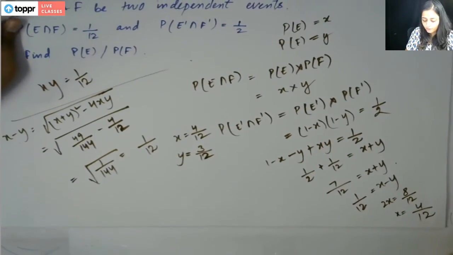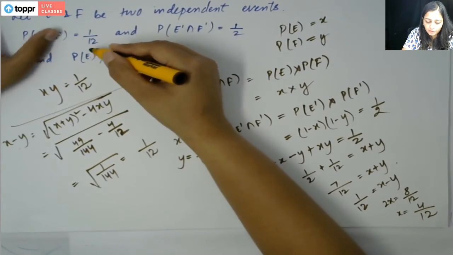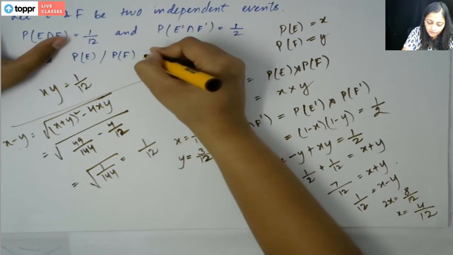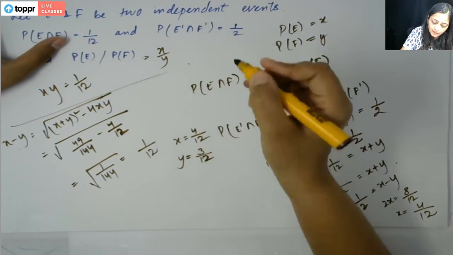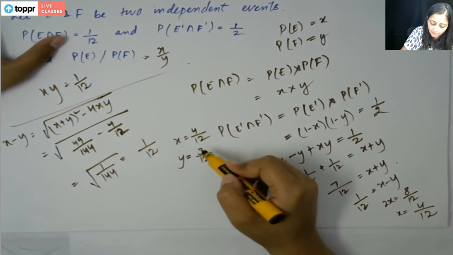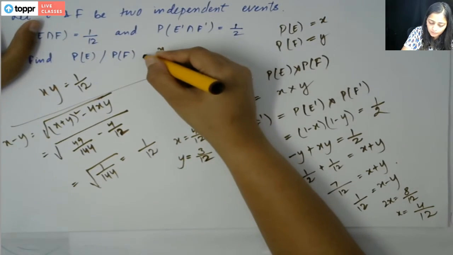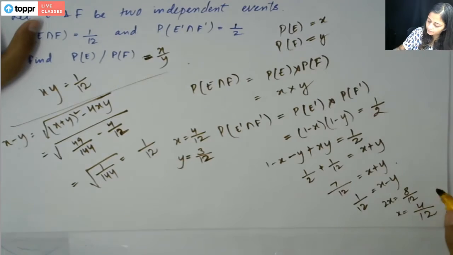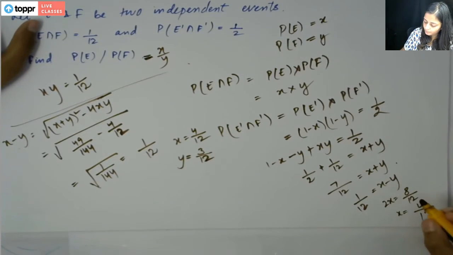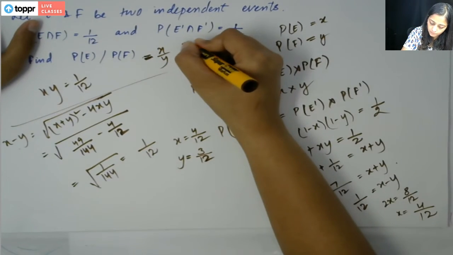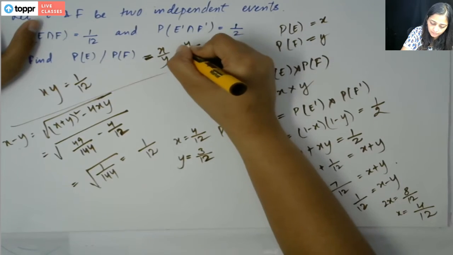So now you have to find probability of E divided by probability of F, which is equal to x by y, and x is 4 by 12 and y is 3 by 12. So it is equal to 4 by 3.